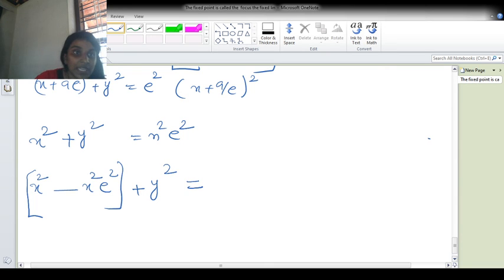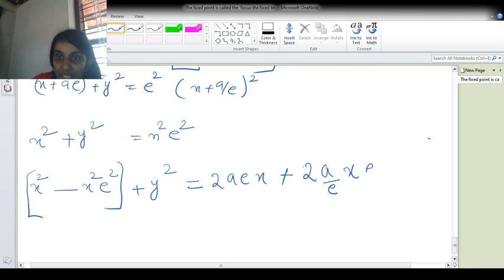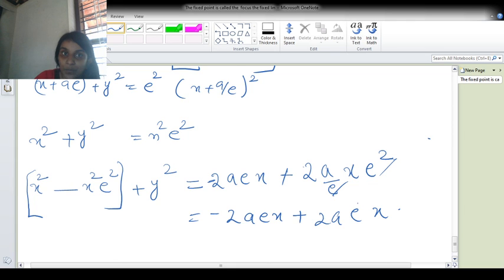What is the balance term? 2AEx minus 2AEx cancel. Then A by E square into E square plus AE square.